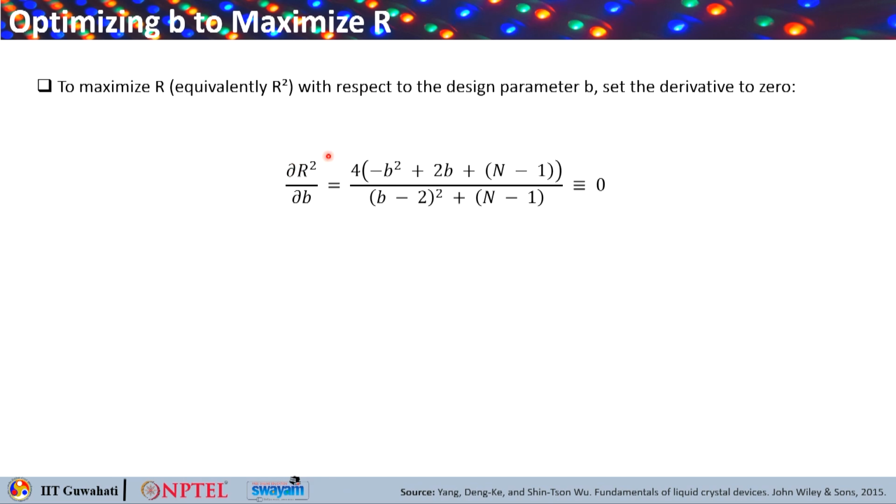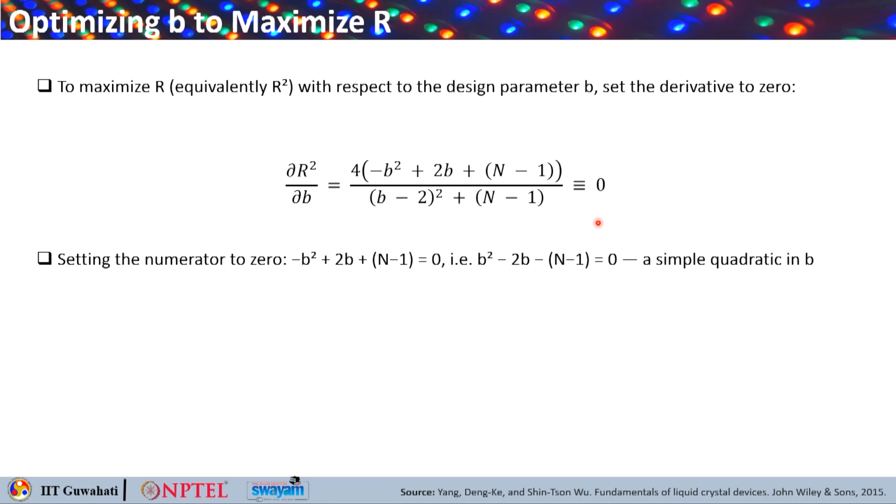So you can take a derivative with respect to B, and that derivative can be set to 0. That means you can set the numerator of this to 0, and you can see that it basically becomes a simple quadratic in B.